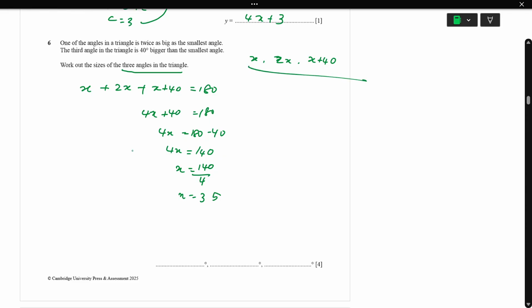The first angle is 35, the second angle is 2 times 35, which is 70, and the third angle is 35 plus 40, which is 75.